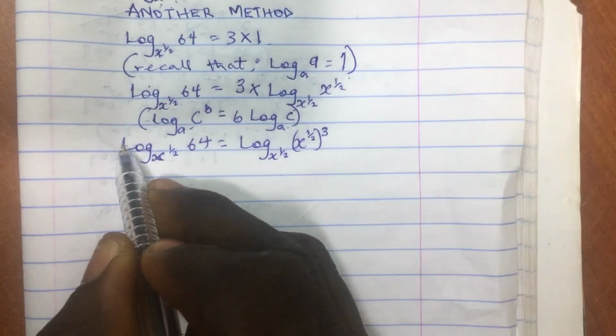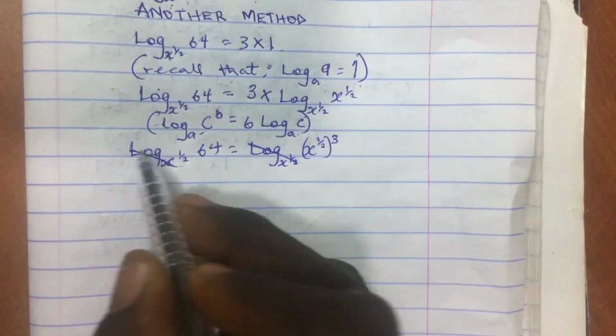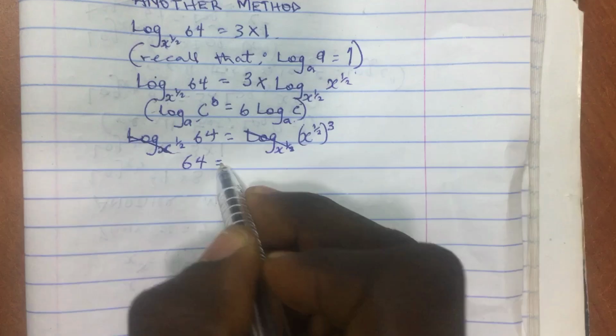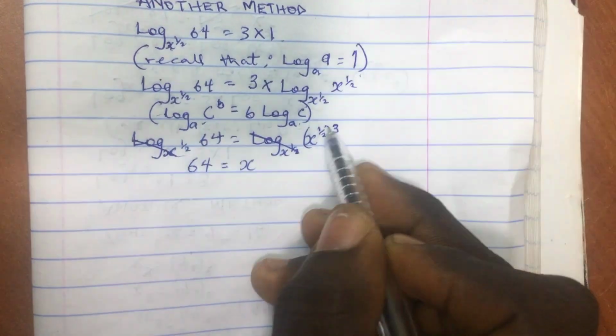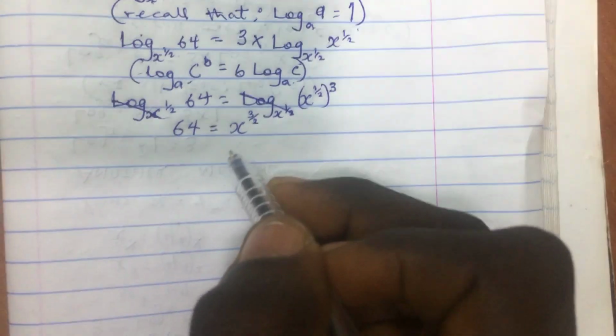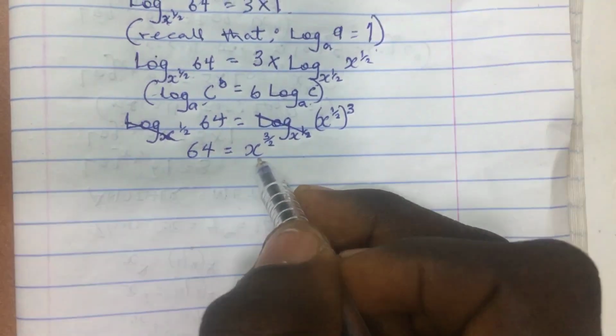So I can now cancel these guys out. So we can cancel this guy out. So this 64 is now equal to this guy, but I'm multiplying this: 3 times 1 is 3, so it becomes 3 over 2. So I want my x to stay alone, but how can I do that?